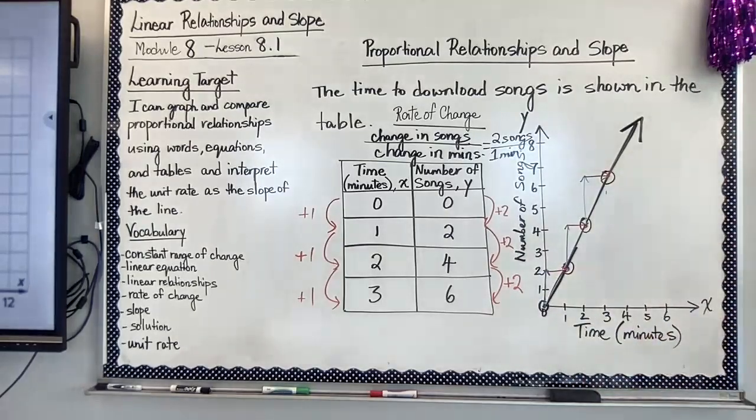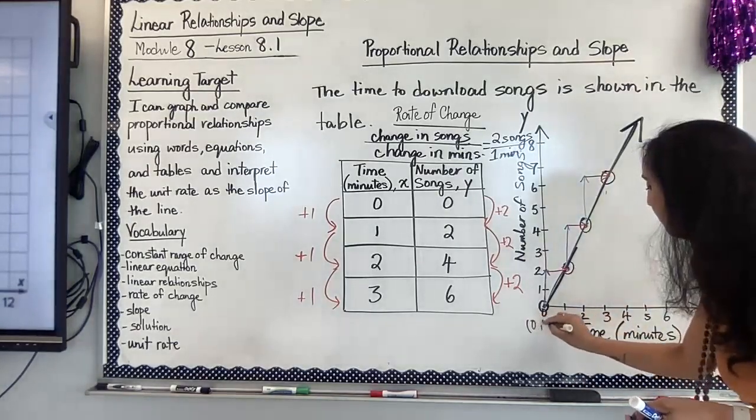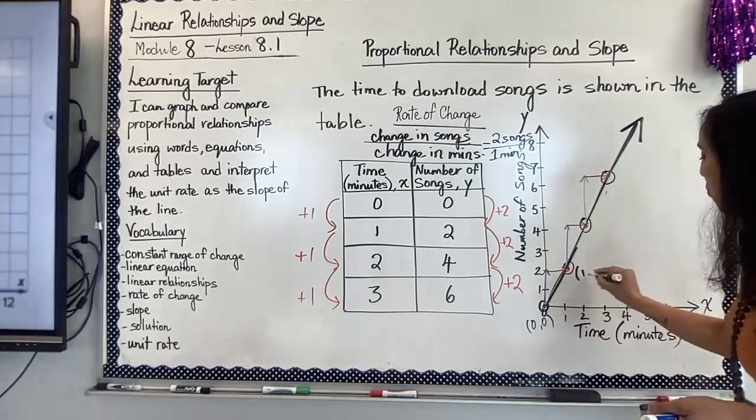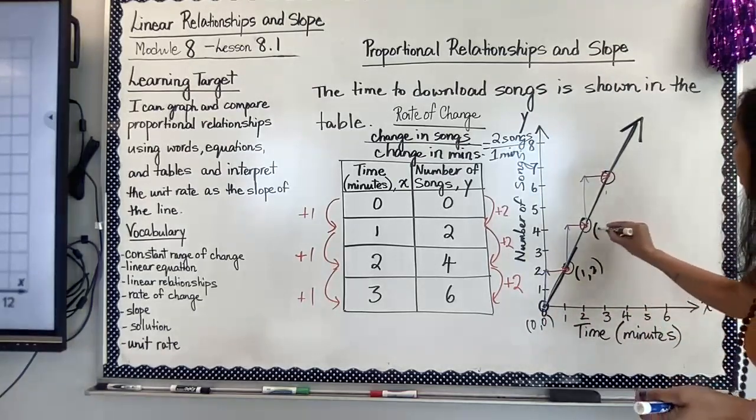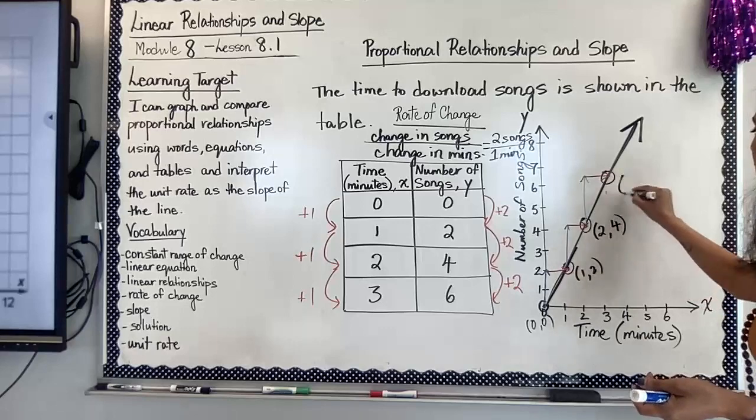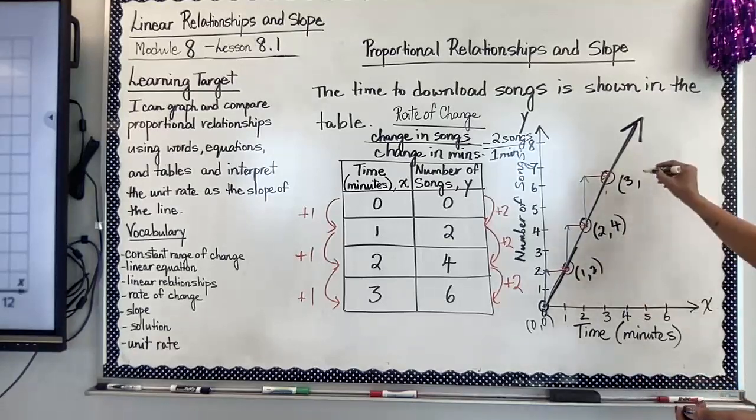Okay, so I just wanted to show this to you. And here are my values. You have 0, 0 over here. You have 1, 2, 2, 4, 3, 6.